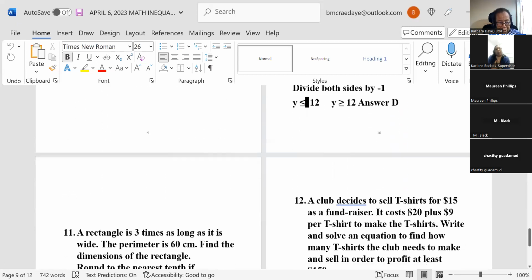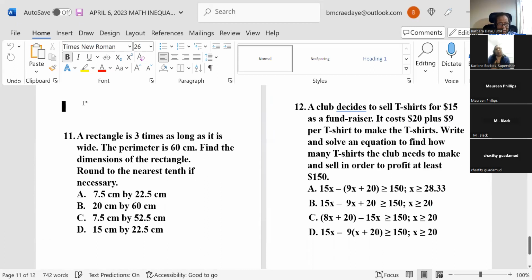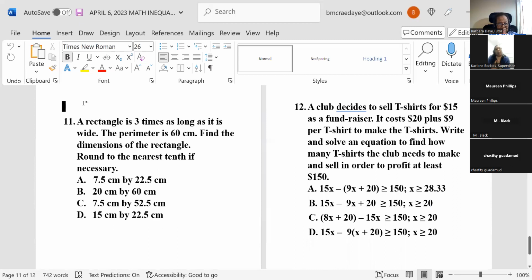Let's look at number 11. It's a rectangle. What do you know about a rectangle, Maureen?